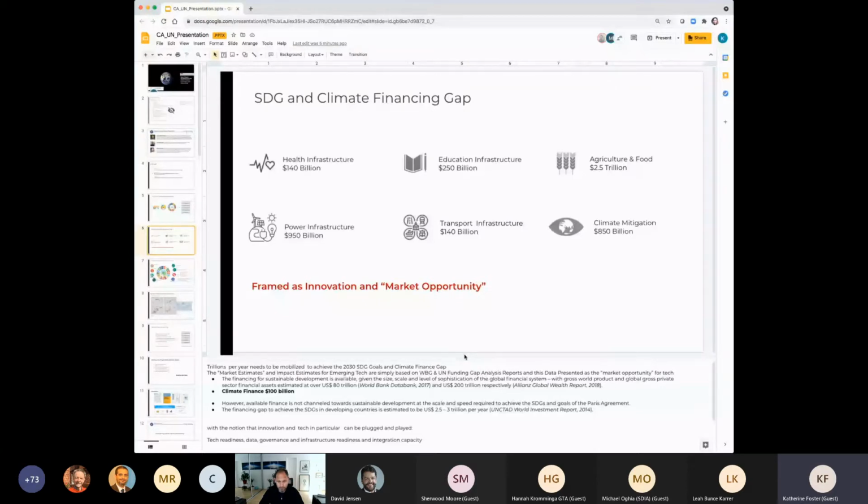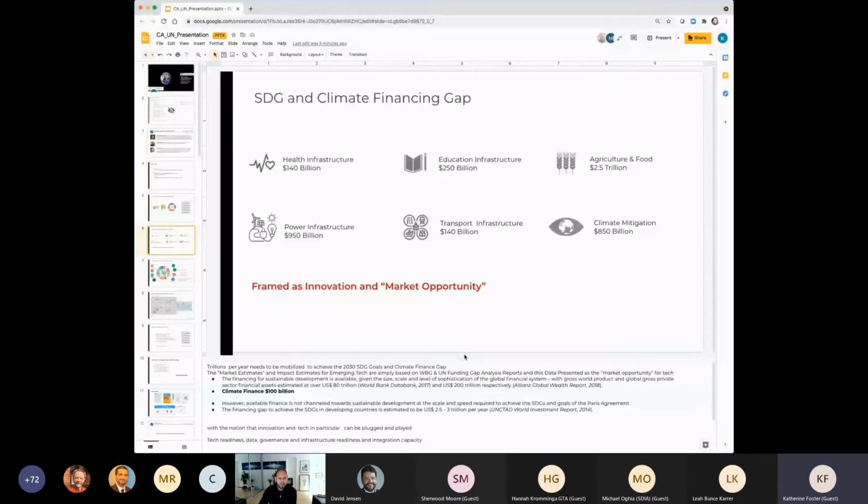The trillions that are needed to be mobilized to achieve the SDG goals and the finance gap, this market estimate, are based on these estimations, and the data is presented as the market opportunity, and that's how we're pitching in the field. And the available finance is not really channeled always towards sustainable development goals at the speed required to achieve that. And we have a growing gap rather than a decreasing gap.